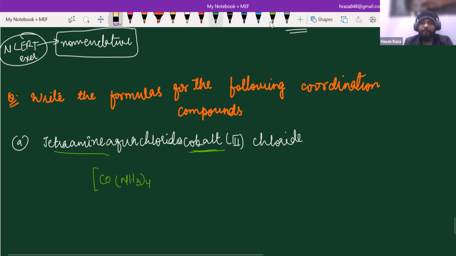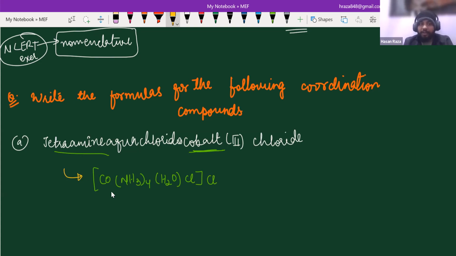A ligand that has more than one symbol, more than one letter, will be in parenthesis, H2O, and then Cl. First, write only one Cl here. Now, the complex compound is complete.